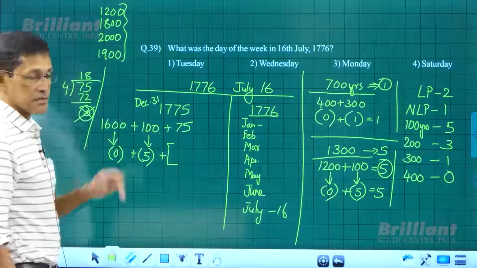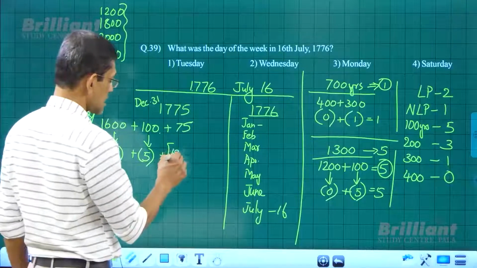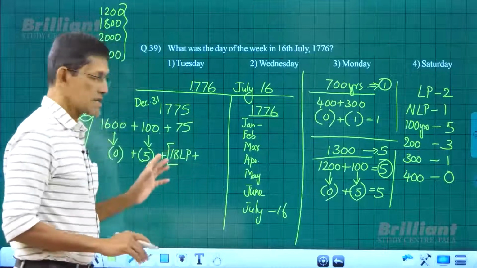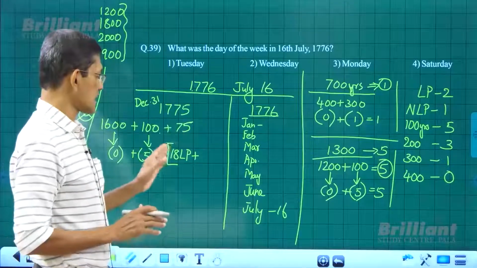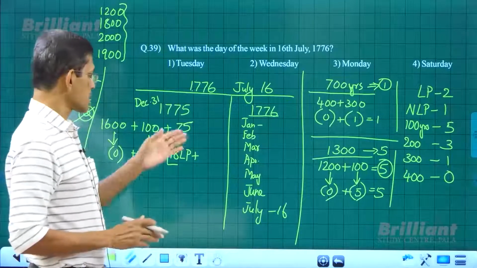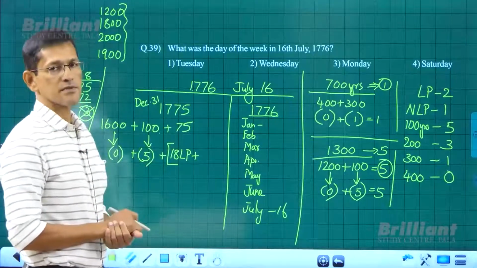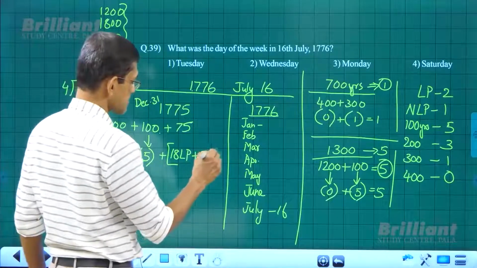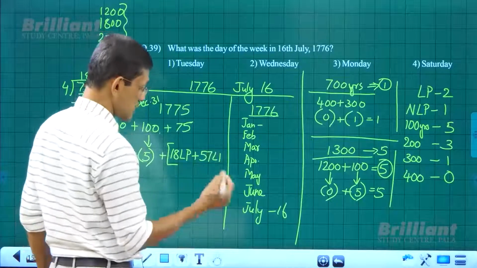So 18 leap years. In 75 years, 18 leap years are there. The balance, how many non-leap years? Well, 75 minus 18. 75 minus 20 is 55, so 57 non-leap years.